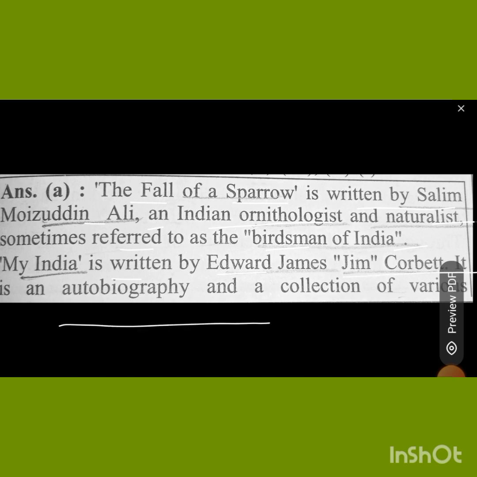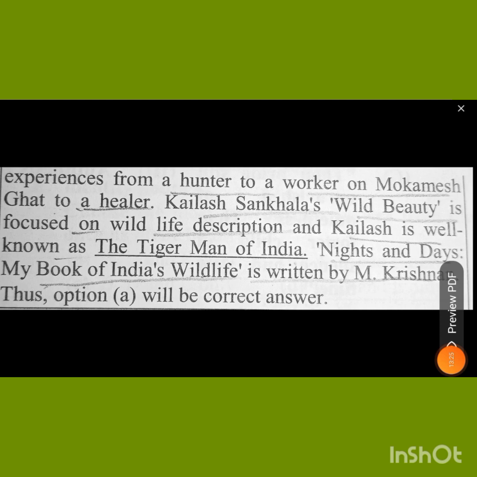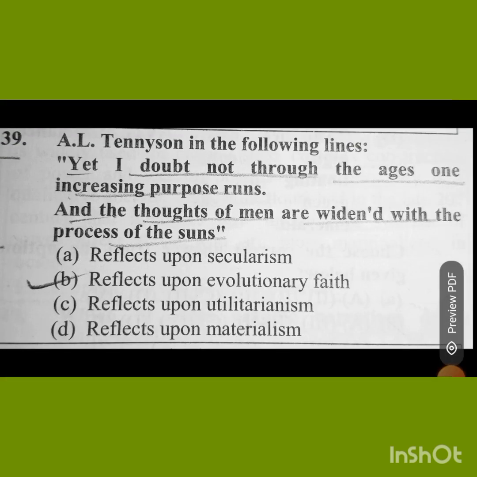It is an autobiography and a collection of various experiences from a hunter to a worker on Mokameh Ghat to a healer. Kailash Sankhala's Wild Beauty is focused on wildlife description, and Kailash is well known as the Tiger Man of India. Days and Nights, My Book of Indian Wildlife is written by M. Krishnan.